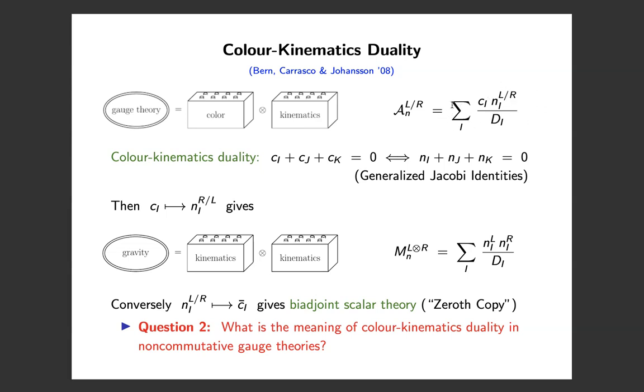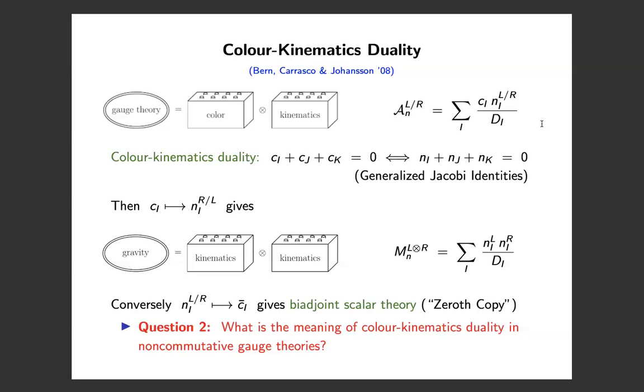What this formula means is that this is just a tree level amplitude. The sum over i is over all tree level graphs in your theory. The C's here are color factors, so they depend on, let's say, combinations of the structure constants of your gauge algebra. The D's are just products of propagators.